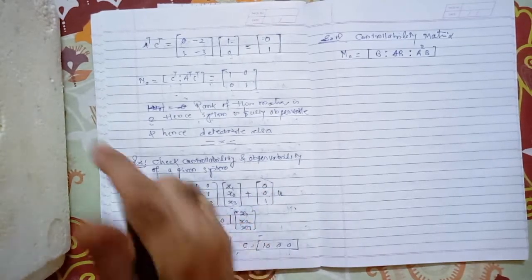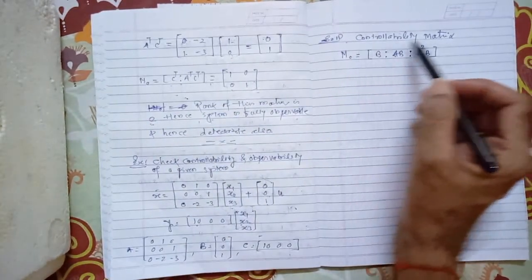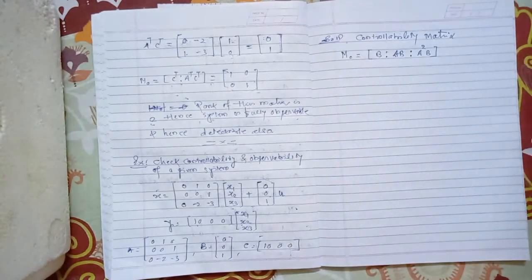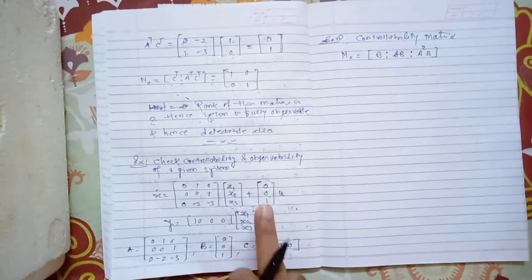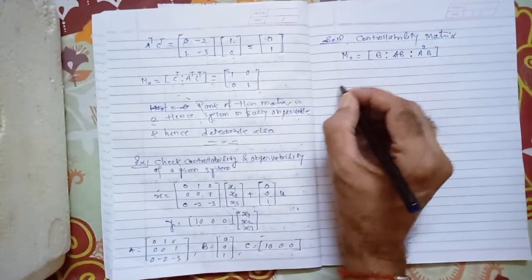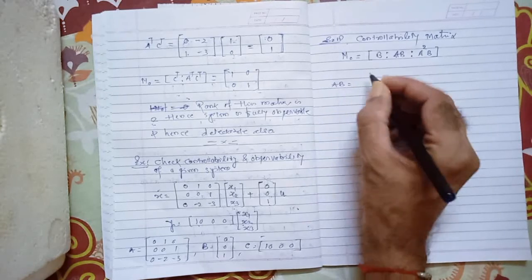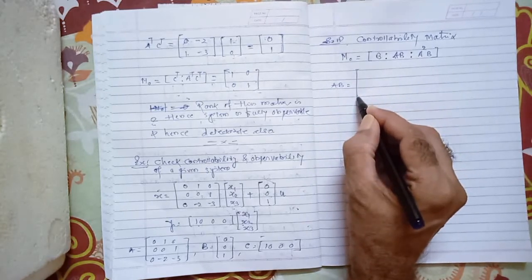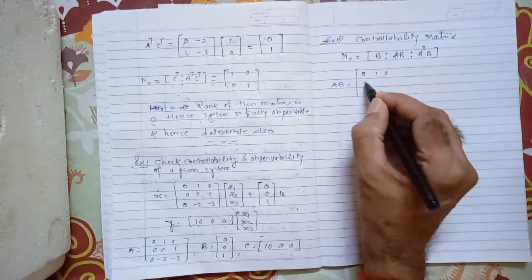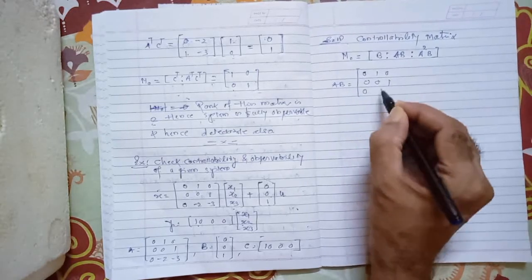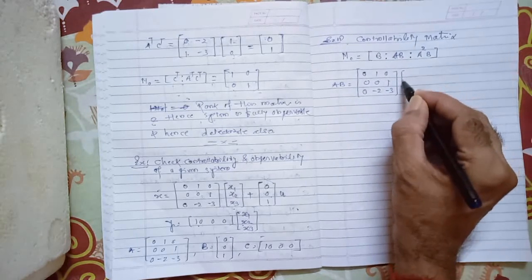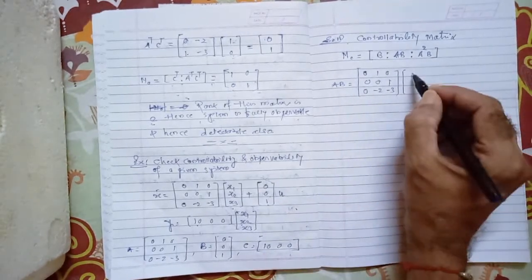Now we will find the controllability matrix MC equals B, AB, A square B. B is known, A is known, so first we will find AB. AB equals [0 1 0; 0 0 1; 0 -2 -3] multiplied by [0 0 1].